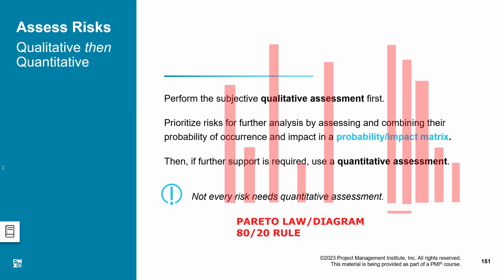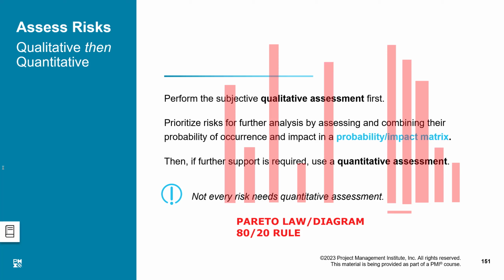Out of the 100, 20 risks are the heavier ones, and the cumulative value to treat them, if you talk about money, is 80% of the amount.